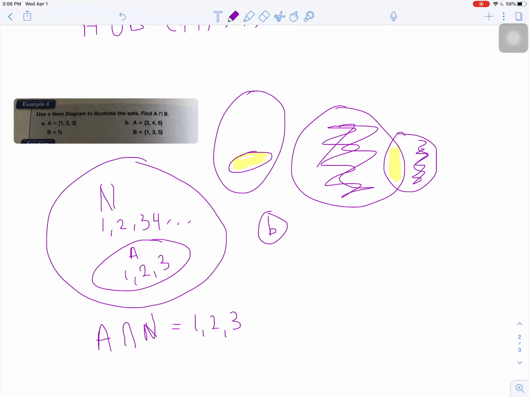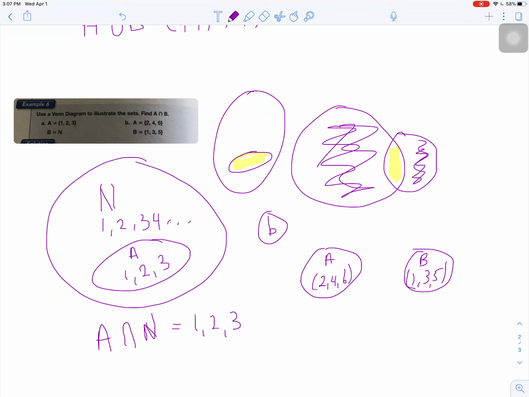B is slightly different. As we see, none of those numbers intersect, right? So essentially with a Venn diagram, because they don't share anything, A will have 2, 4, 6, and B will have 1, 3, 5. Is there an intersection? No, there's no intersection there, right?